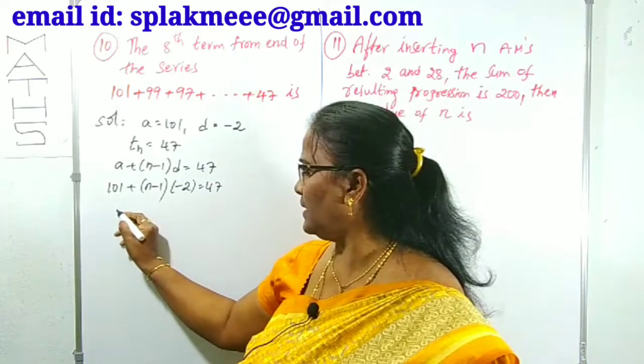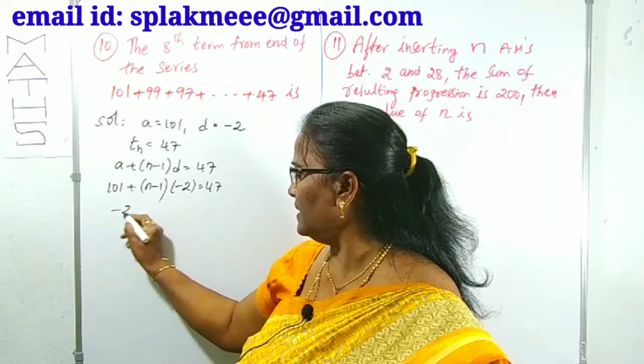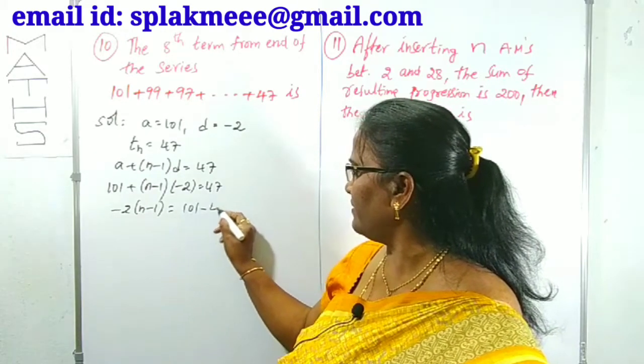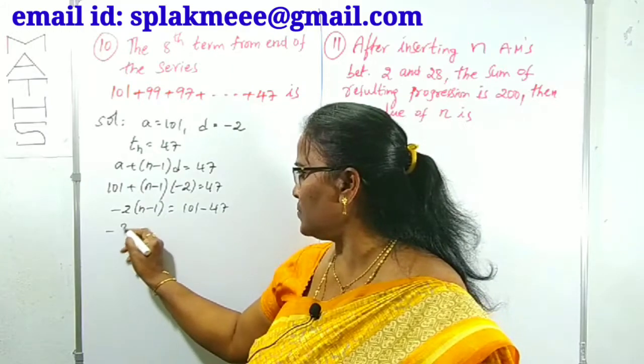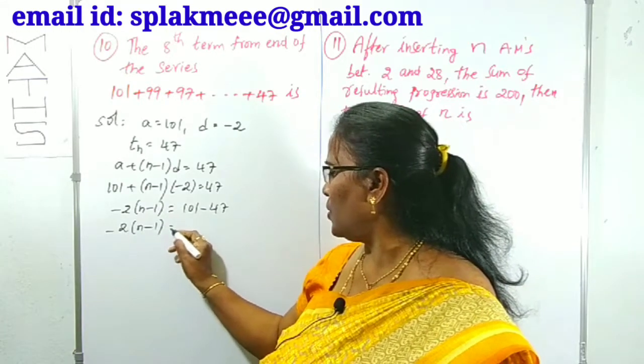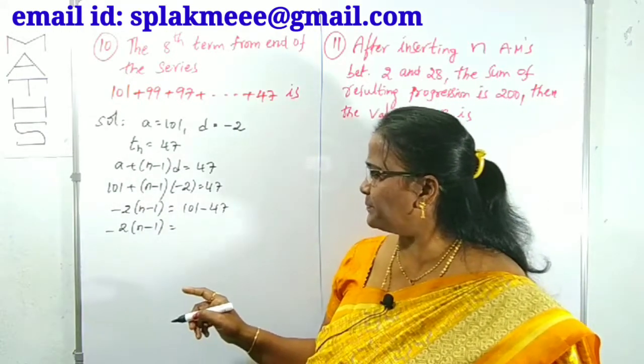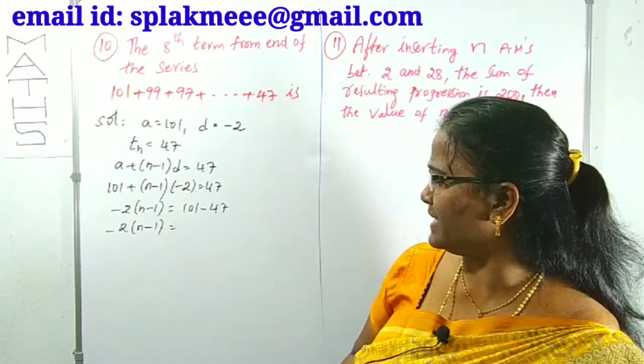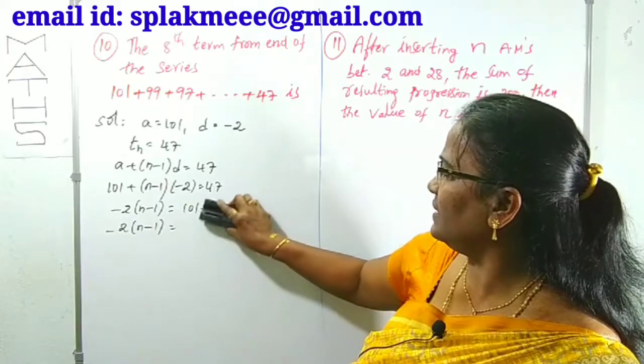From this you know clearly, 101 you can take that side, that is 2 times (n minus 1). It will be 101 minus 47, that is minus 2 times (n minus 1). Not 101 minus 47, okay, it is 47 minus 101.